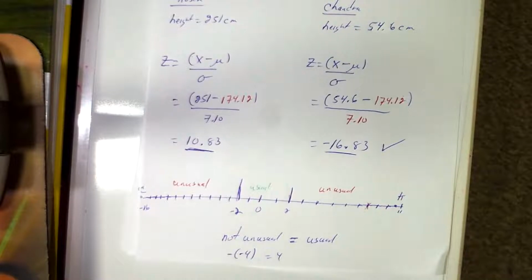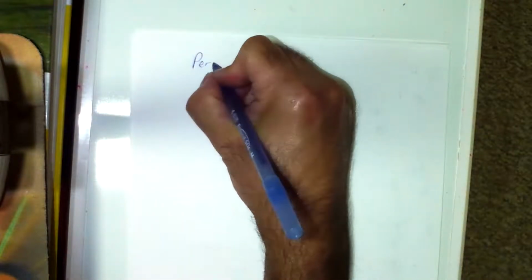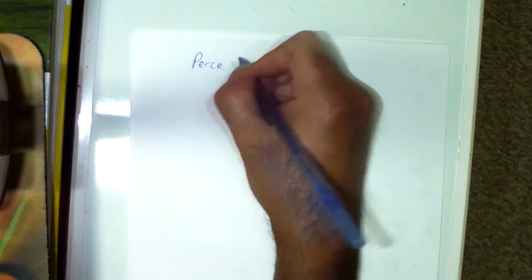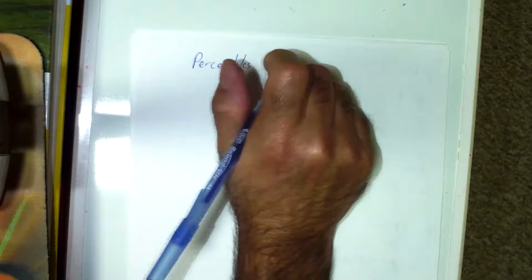All right. And the next topic we're going to cover is called percentiles. Usually you see percentiles when you take standardized exams. Have you ever taken an SAT or ACT exam, and later on they give you the results back?